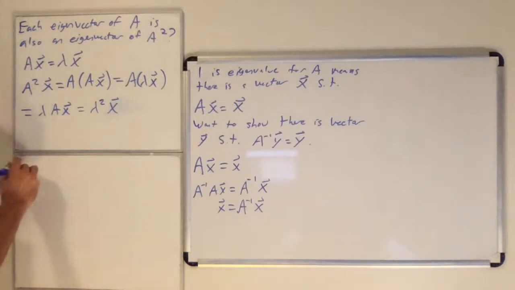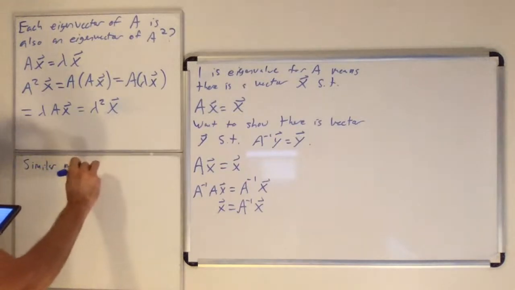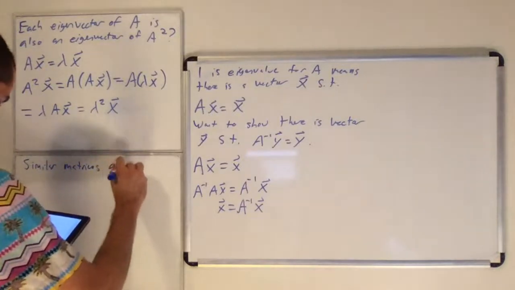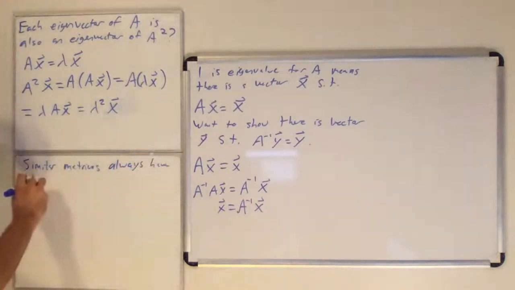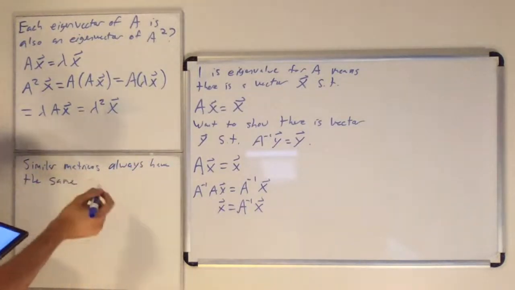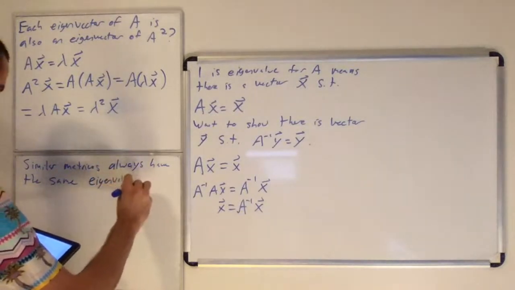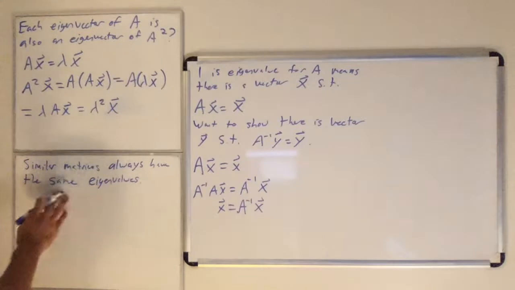Okay, how about this one? Similar matrices always have the same eigenvalues. Okay, so what does it mean for matrices to be similar?